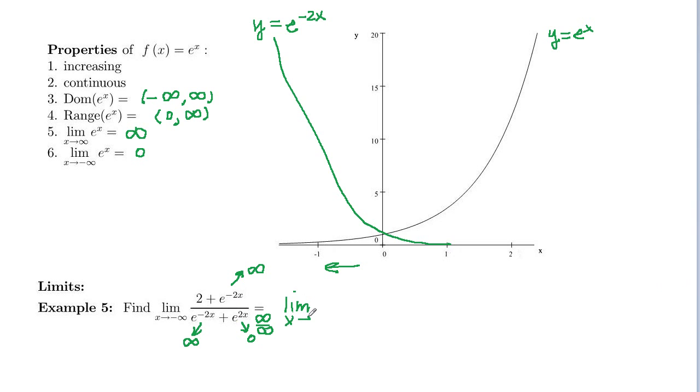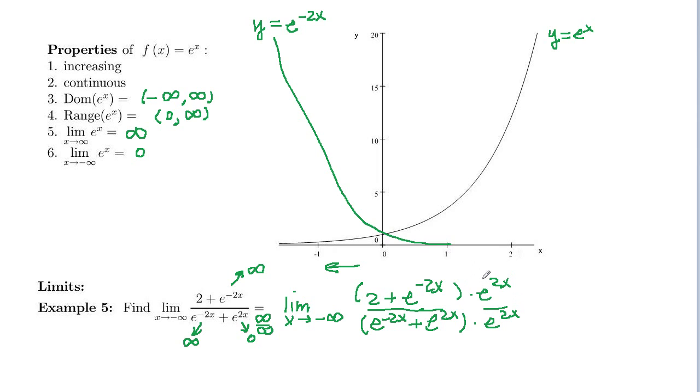So I'm going to look at limit as x approaches negative infinity, and we've got 2 plus e to the negative 2x, and then over e to the negative 2x plus e to the 2x. And then I'm going to multiply top and bottom of that fraction by e to the 2x. So e to the 2x over e to the 2x, which is just multiplication by 1, right?